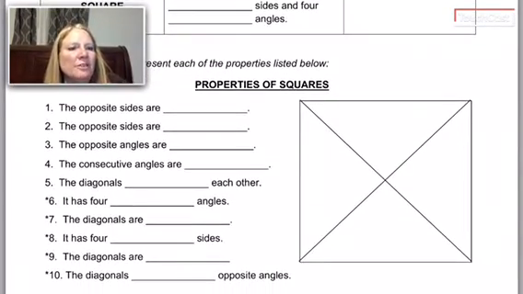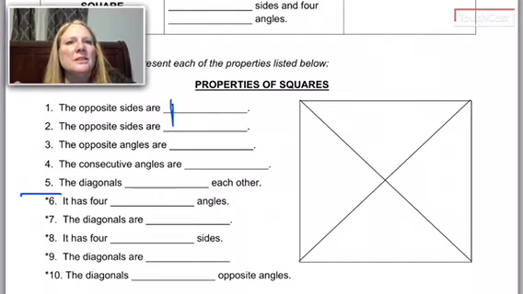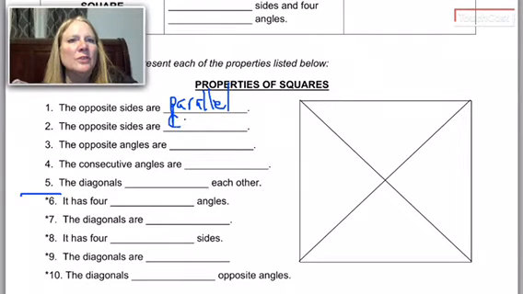First, if we fill this in, it has the first 5 properties that are true of every parallelogram. Opposite sides are parallel. Opposite sides are congruent. Opposite angles are congruent.